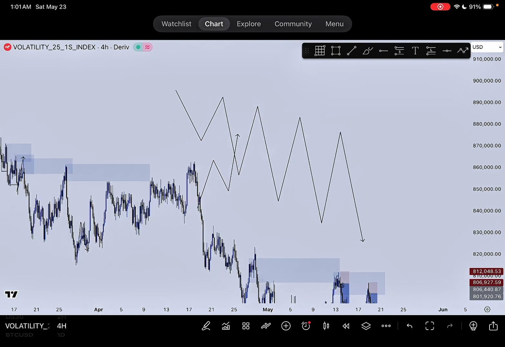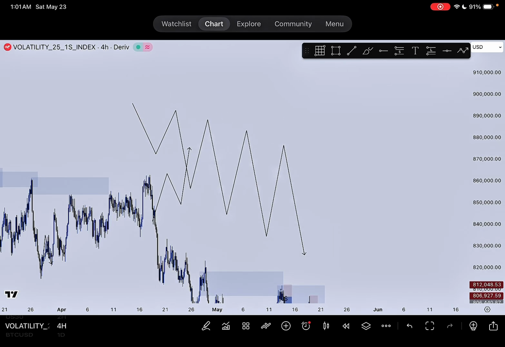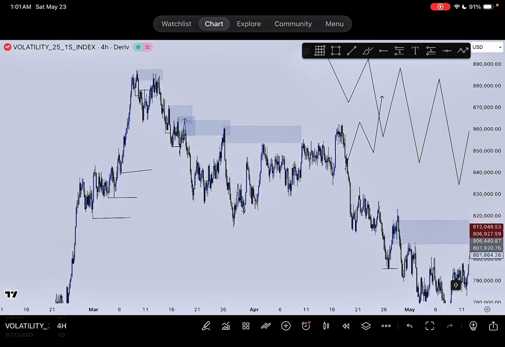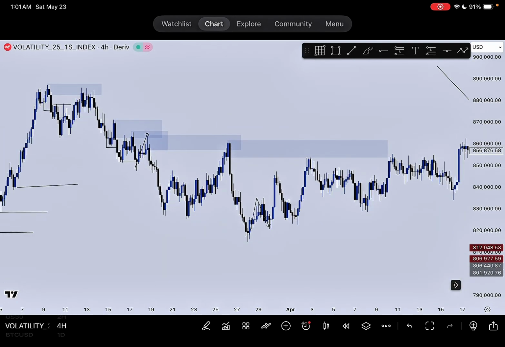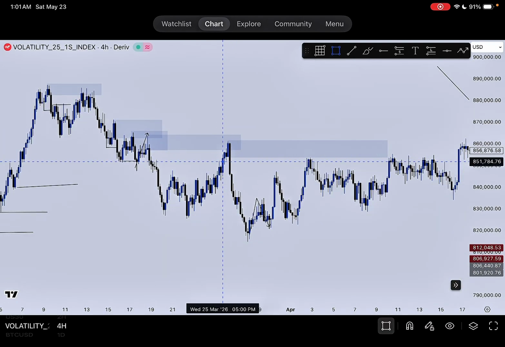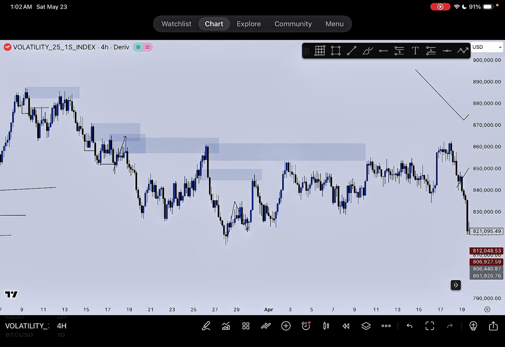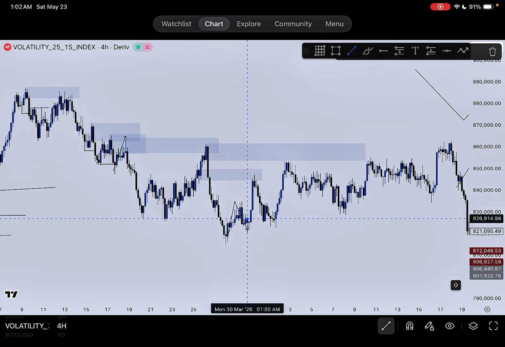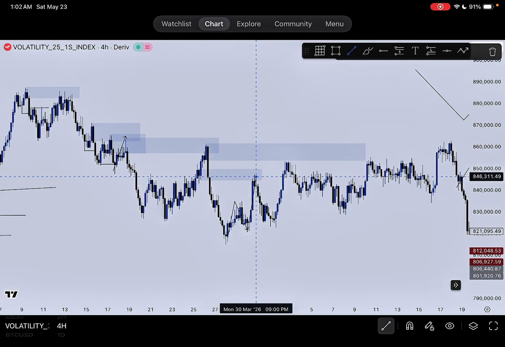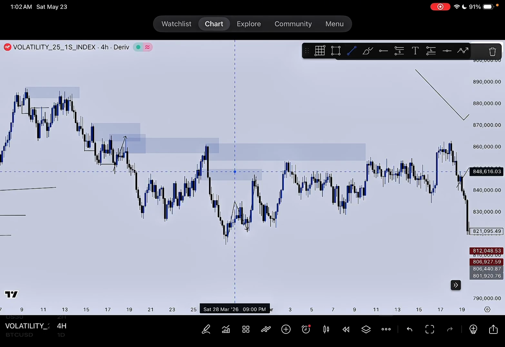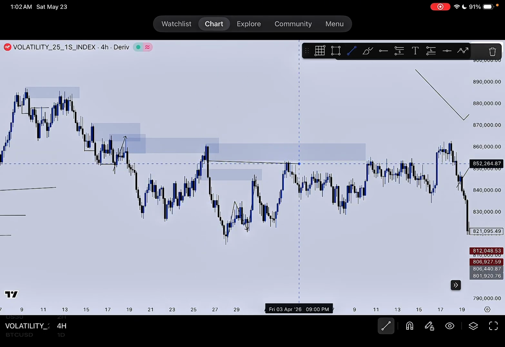The problem with this buy is you don't know where the market is buying to, because if you see here, there are zones the market can decide to react from. Here, the market reacted from here. Imagine positioning your buy here. Let's say you start buying from here and your TP was here because you were waiting for that sell.